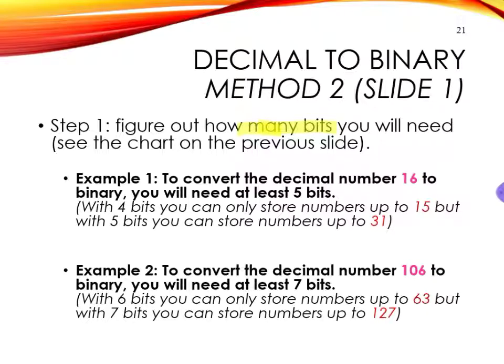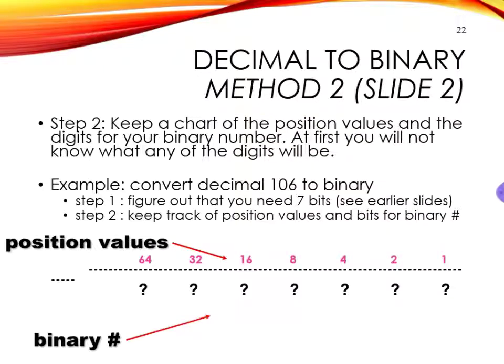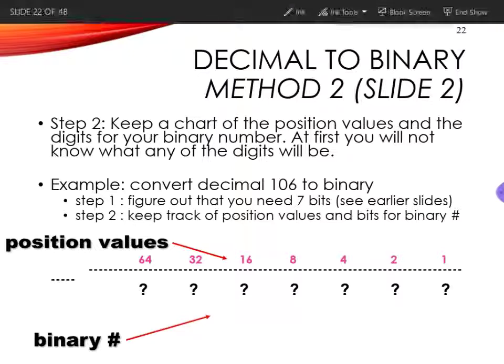So in method 2, first we estimate the number of bits, and then we start by laying out a table. So we track the values. These are going to be our binary bits, and these are the values of each of the positions, which are basically powers of 2.